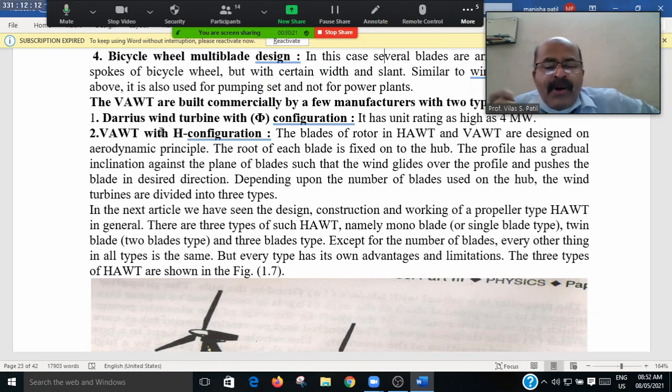Depending upon the number of blades used in the hub, the wind turbine is divided into three types: mono, twin, and tri.